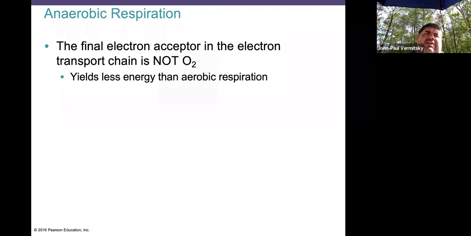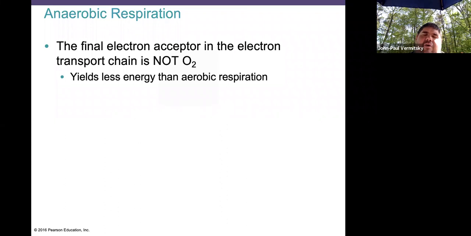But if you have a fermentation pathway, the NADHs will release their electrons back into pyruvic acid. There's an enzyme that will do that. And when they release those electrons back into pyruvic acid, you end up making an acid or an alcohol, depending on the enzyme that is present.